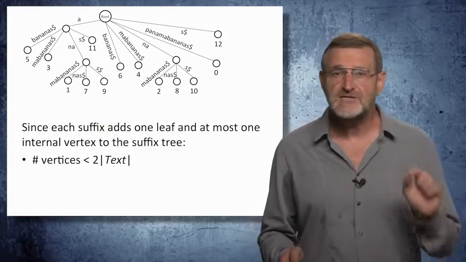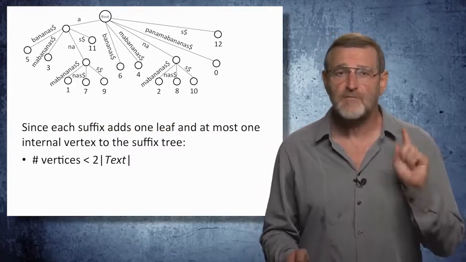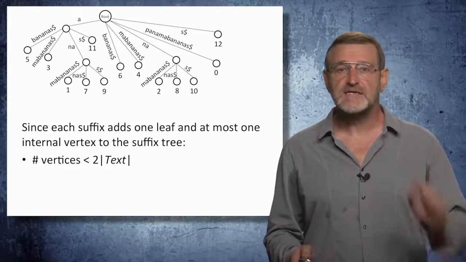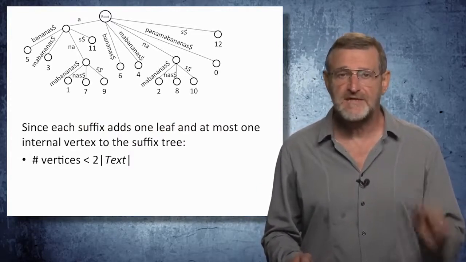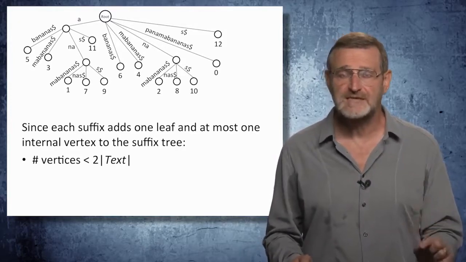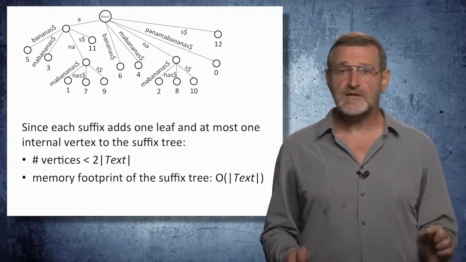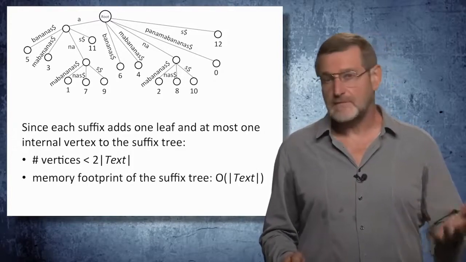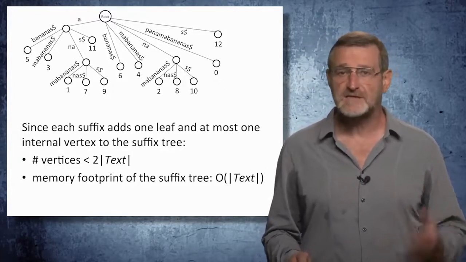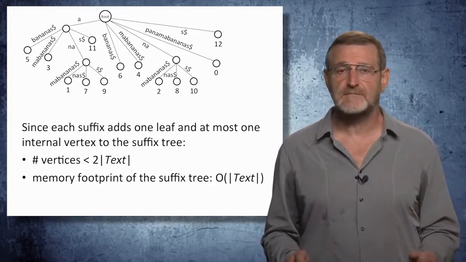And since each suffix adds 1 leaf and at most 1 internal vertex to the suffix tree, the number of vertices in the suffix tree is less than 2 times the length of the text. And therefore, the memory footprint of the suffix tree, which is proportional to the number of edges in the suffix tree, is simply proportional to the length of the text.